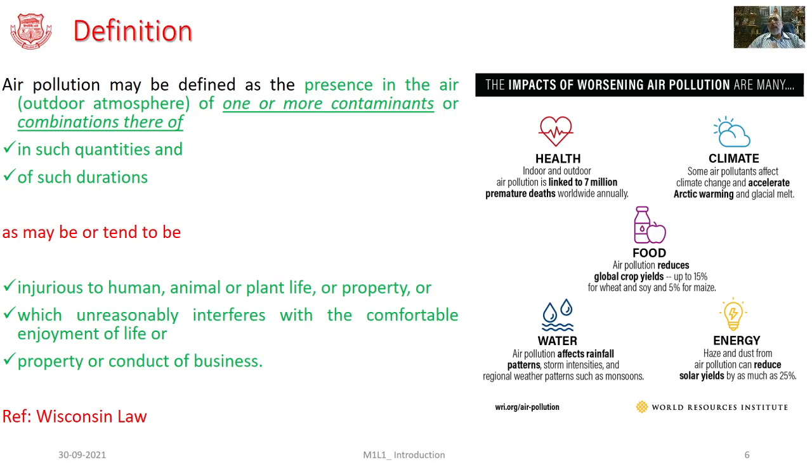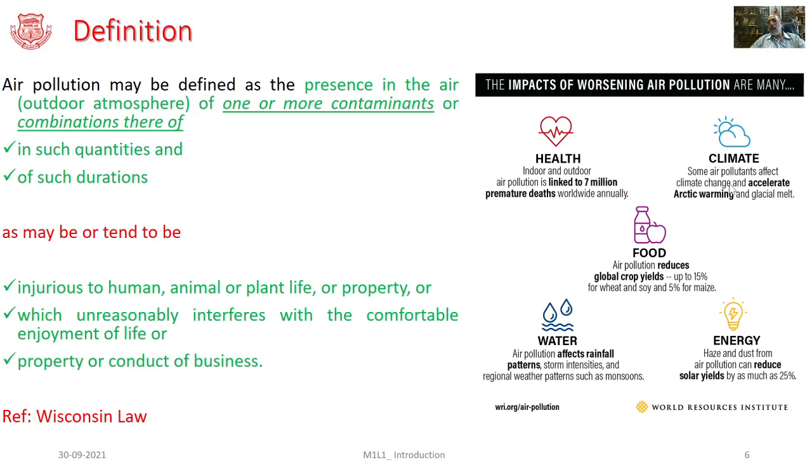If we try to understand the impact of worsening air pollution, there are many. Just to get the idea, as far as health is concerned, air pollution is linked to 7 million premature deaths worldwide per year.